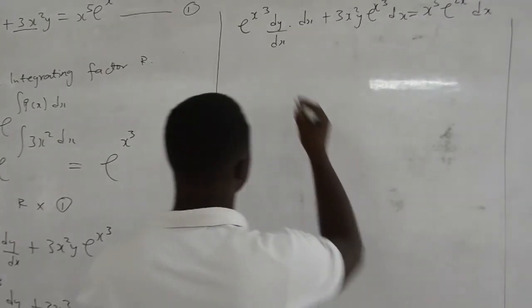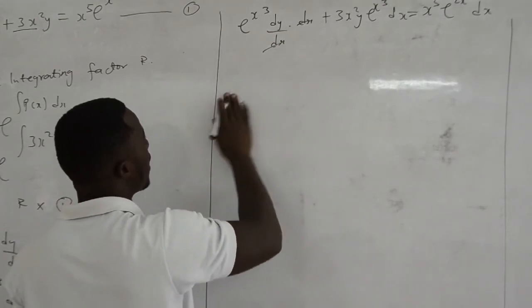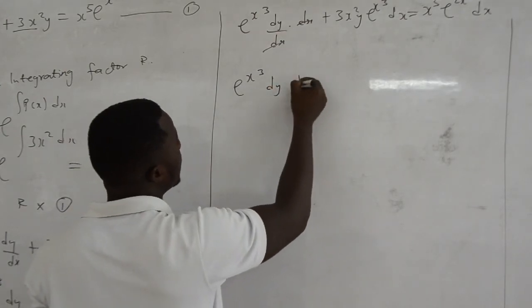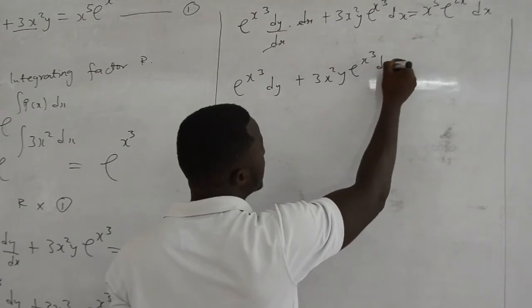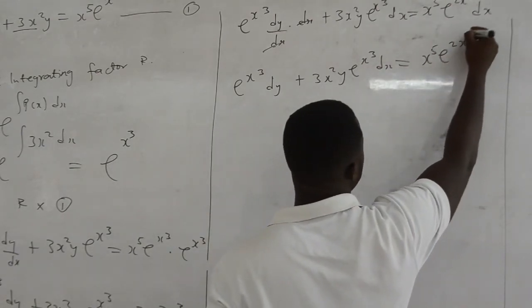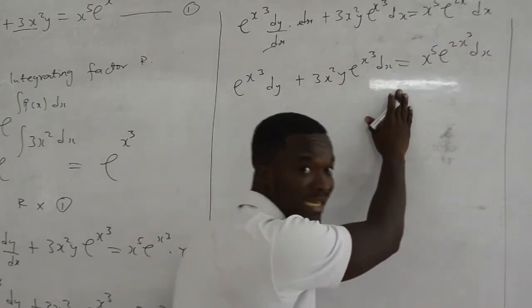So we can see that this dx will cancel this dx. Then I'll have e exponent x to the power of 3 dy plus 3x squared y e exponent x to the power of 3 dx is equal to x to the power of 5 e exponent 2x cubed dx.